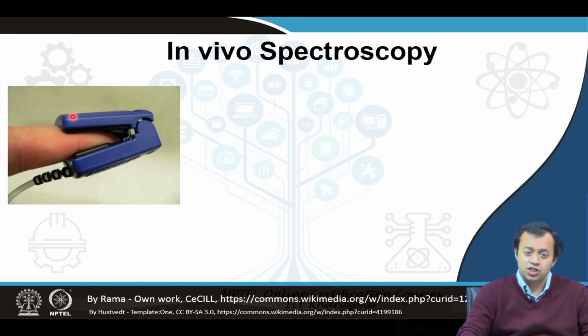The light is transmitting through your finger, and we already have a chart of what should be the case for blood having 100% oxygen: how much light should be received at the end. This is the starting point, this is the ending point, suppose in this particular picture, and we already have a reference value.